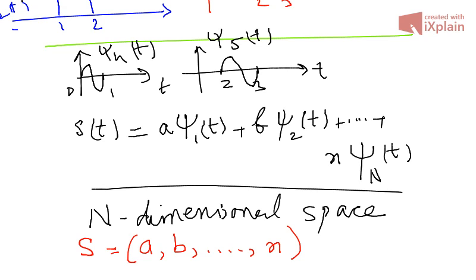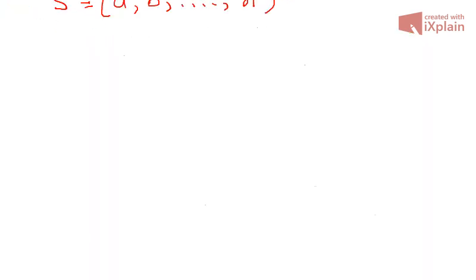Usually in 4G wireless communication we have just two dimensions, psi 1 and psi 2, so I would restrict myself to these two dimensions, and with the two dimensions we will discuss the modulation schemes.